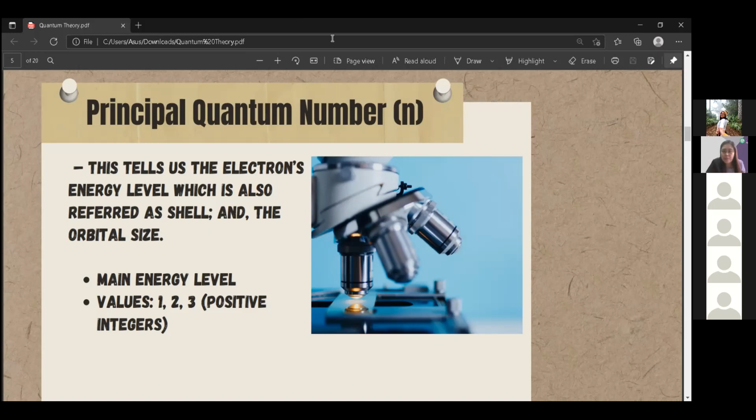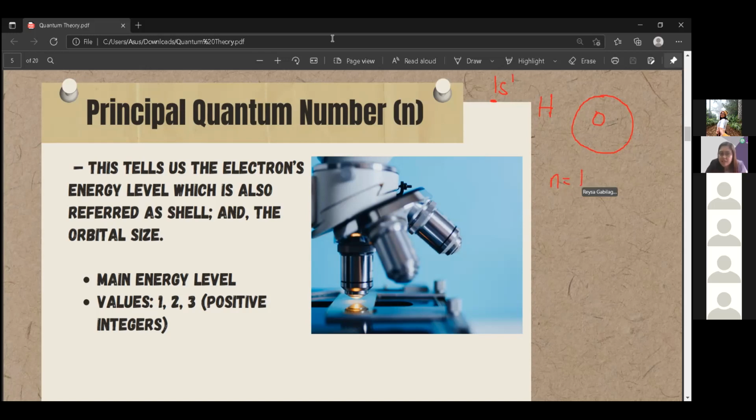So for example, if this is the atom of hydrogen, meron siyang nucleus sa gitna, 'di ba? 1s1 yun kanina ang ating electron configuration for hydrogen. Ang meaning niya, class, ang electron ni hydrogen ay nag-occupy lang ng isang energy level. So isa lang talaga kasi 1. This will give you the principal quantum number. So n here is equal to 1. That's the main energy level being occupied by the electron.